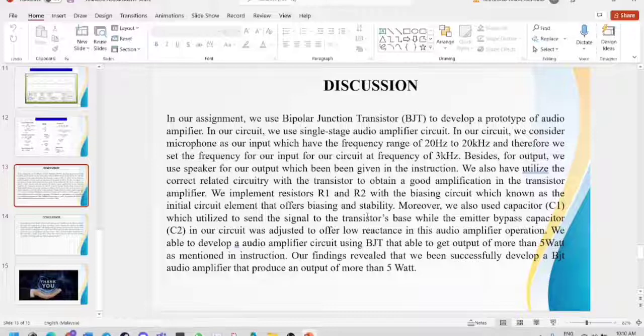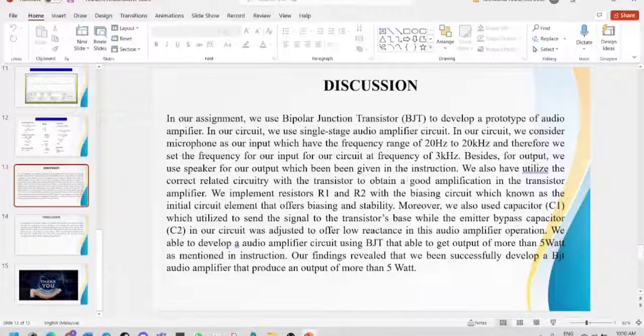We also implement resistors R1 and R2 with the biasing circuit, which offer biasing and stability. We also use capacitor C1, which is utilized to send the signal to the transistor base, while the emitter bypass capacitor C2 in our circuit was adjusted to offer low reactance in this audio amplifier operation.